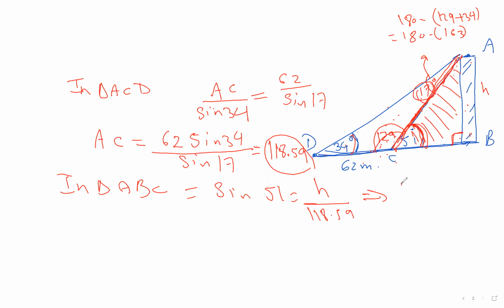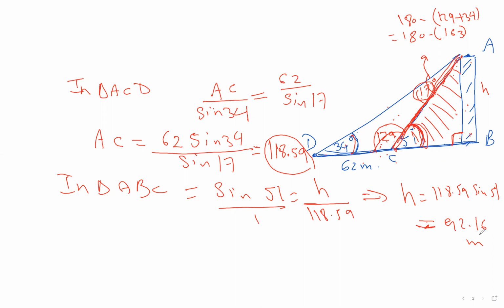Then h, which is the height, equals 118.59 sine 51, which equals 92.16 meters. And this is the height of the building.